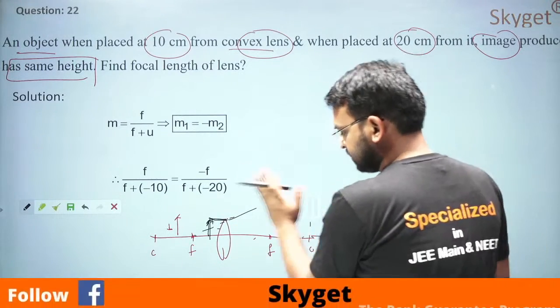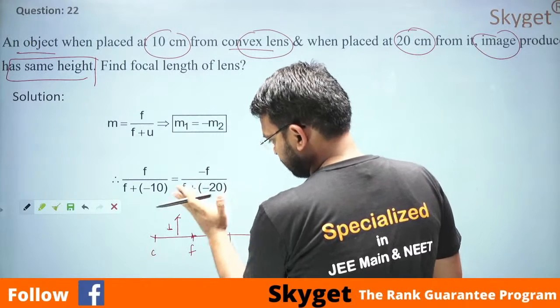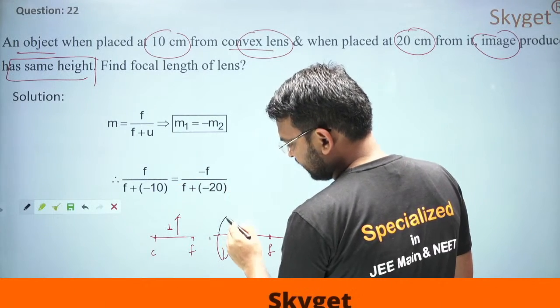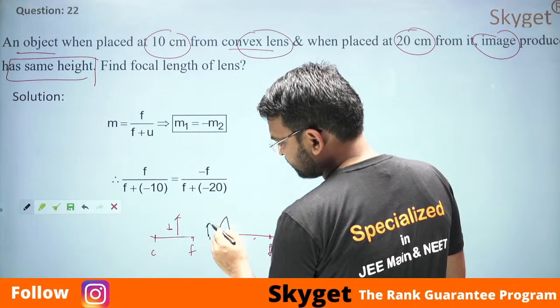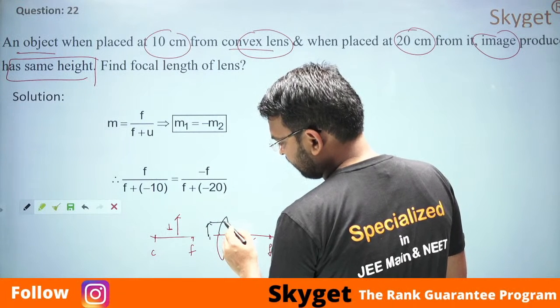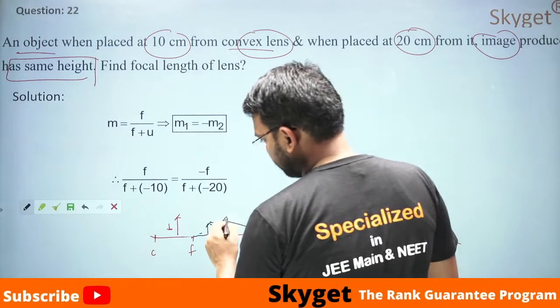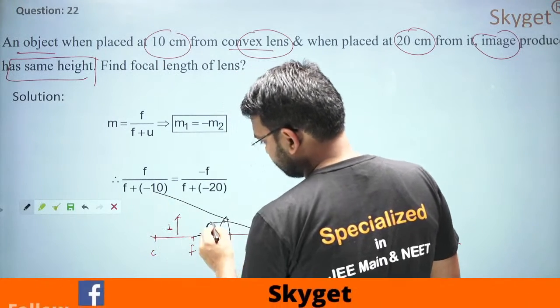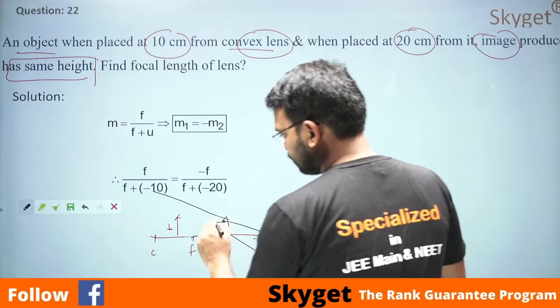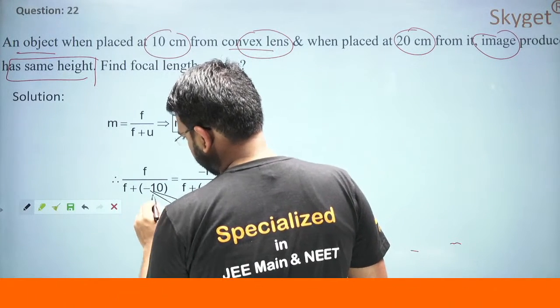Sorry, this should not be here; for the ray diagram, it should be in that direction. If you place your object over here, the ray is coming, and after that it will pass through the focus. The second ray is going like this, so there is a possibility that you may get your virtual image here.